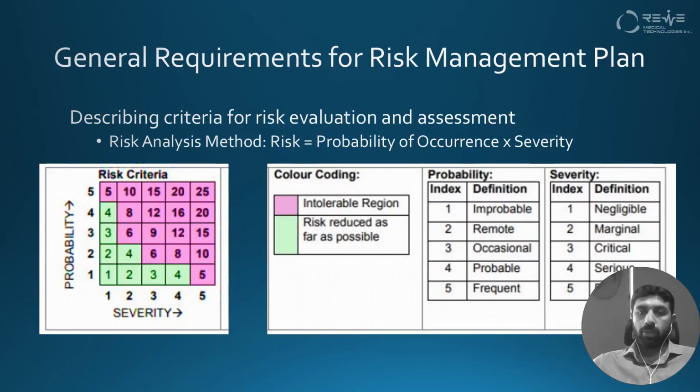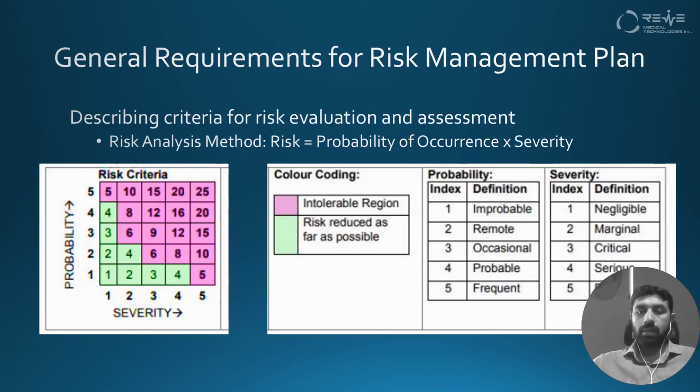Similarly, when we talk about the impact of the risk on the health of the patient or the device, we assign scores to the impact of that risk. If the impact is very minute and we can neglect it, then we assign its number as 1. If the hazard caused is very low, or marginal, then we assign the severity factor as 2.